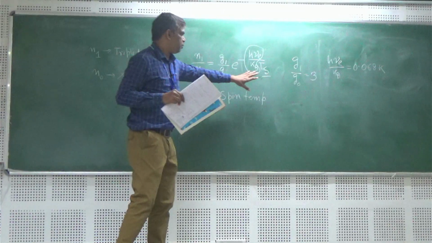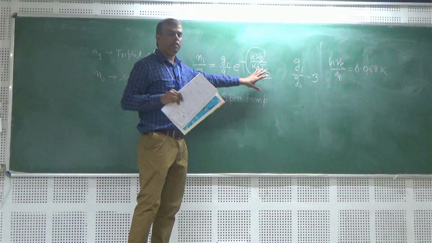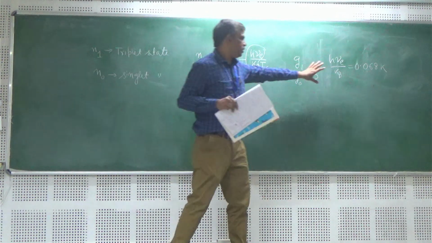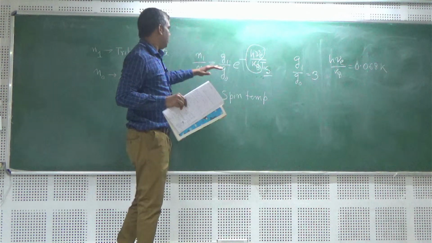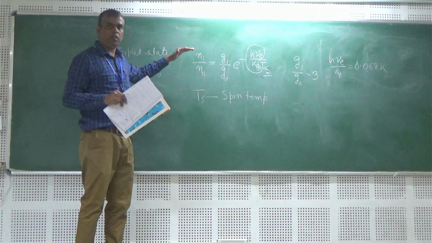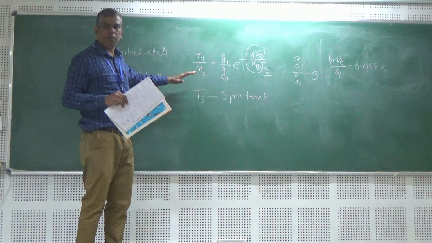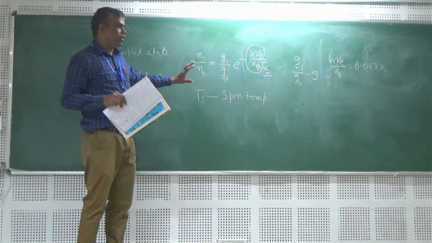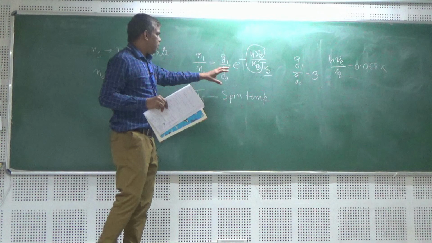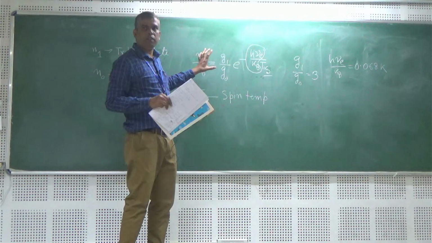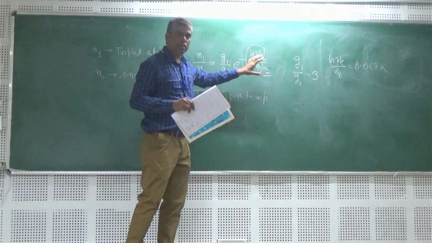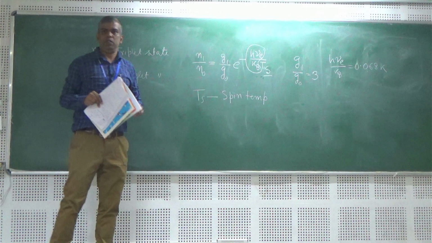Normally spin temperature is much larger than this number, so around 75% of atoms will be in the triplet state. And you can calculate spin temperature for a given ratio, so this number quantifies the level population ratio.